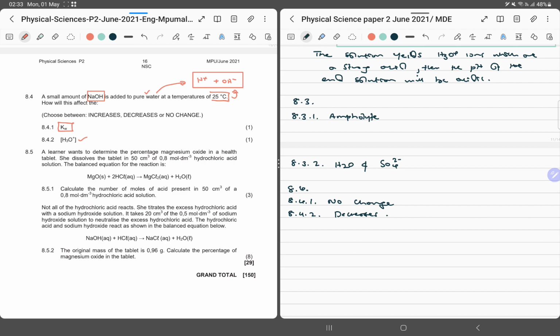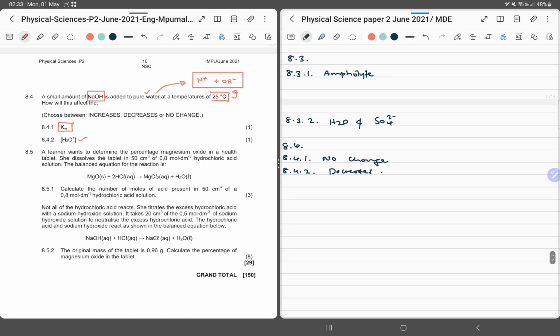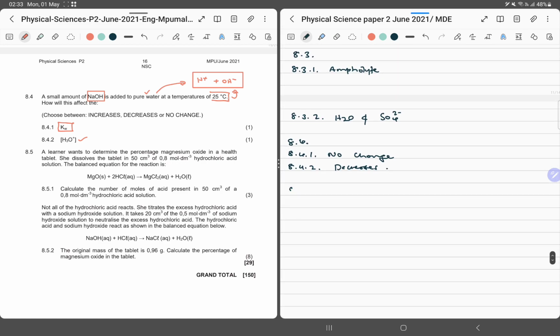Elena wants to determine the percentage. Oh, it's a different question. 8.5 says, Elena wants to determine the percentage of magnesium oxide in a health tablet. She dissolves the tablet in 50 cm³ of 0.8 mol/dm³ hydrochloric acid solution. And we have a balanced chemical equation.